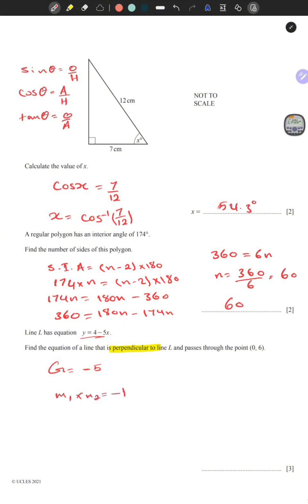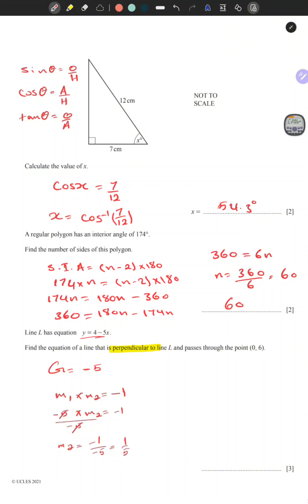So m1 here is -5 times m2 is equal to -1. So divide both sides by -5, so m2 is equal to 1 over 5.